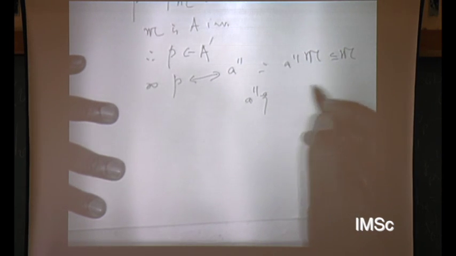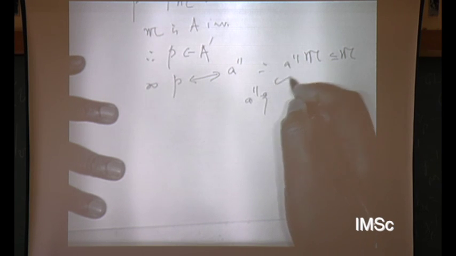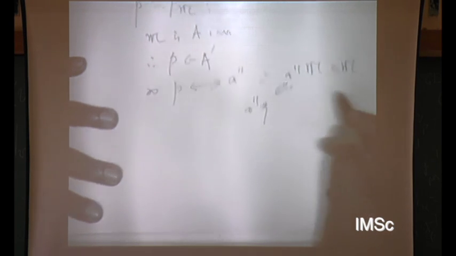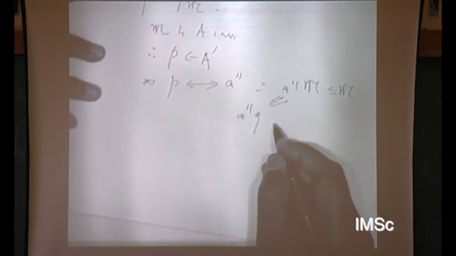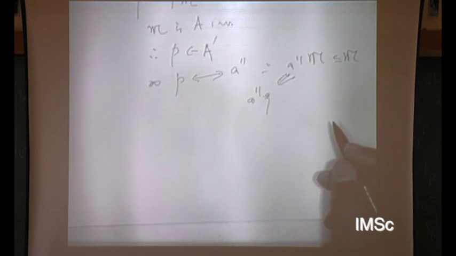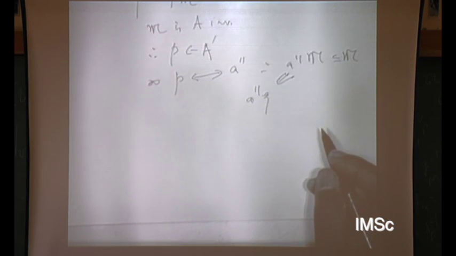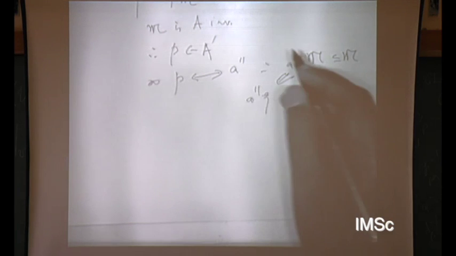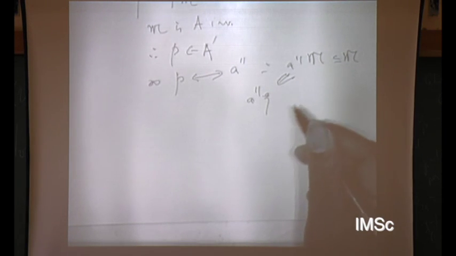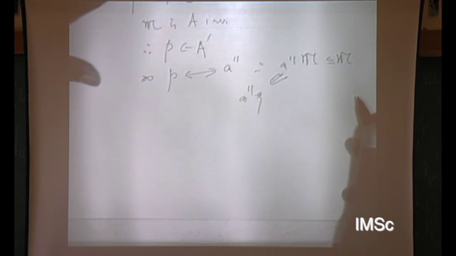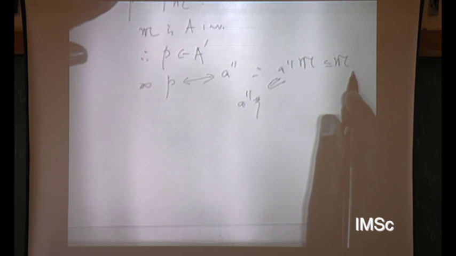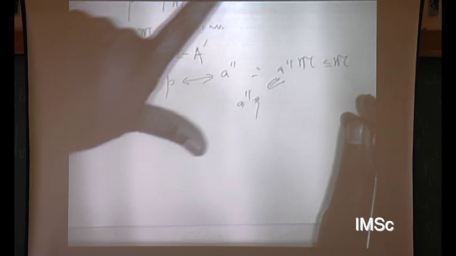Psi belongs to 𝒜 psi, so I want to say this belongs to this. Xi belongs to M. Why does Xi belong to M? Xi belongs to M because 𝒜 contains 1. So Xi belongs to M. But if Xi belongs to M, then we proved what we wanted to prove. A double prime psi is indeed in the closure of this subspace.